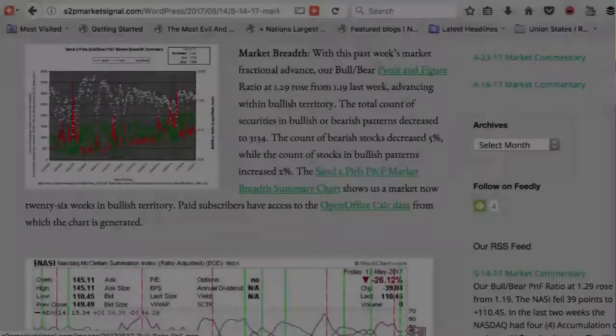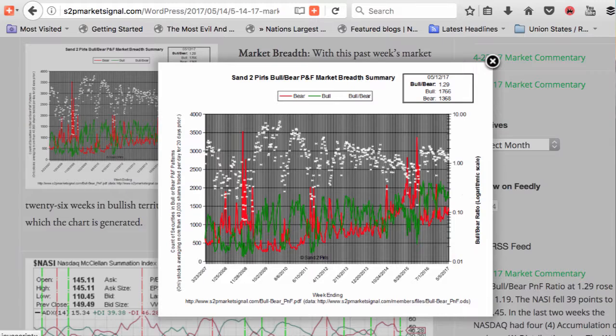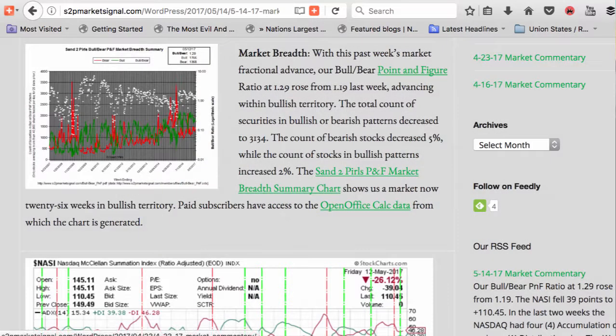Market breadth. With this past week's market fractional advance, our bull-bear point and figure ratio at 1.29 rose from 1.19 last week, advancing within bullish territory.